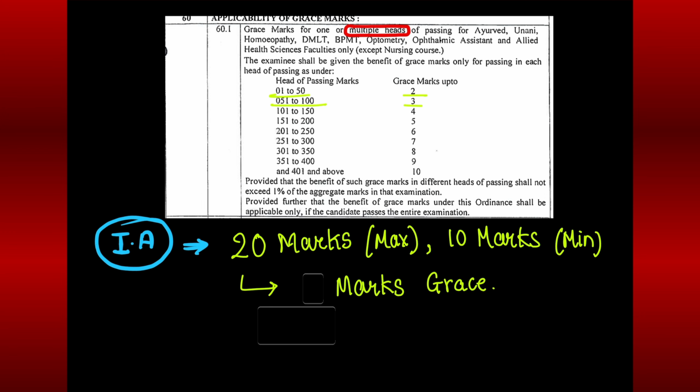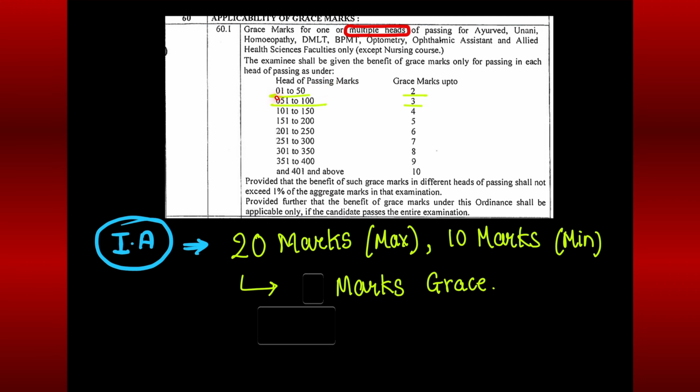So for IA, how many maximum marks do you have? Your IA is calculated for theory. Suppose anatomy theory, you have a maximum of 20 marks, and to pass the internal assessment you need 10 marks minimum. As you are seeing here on the screen, they are showing the heads of passing, the total marks of the subject, and the grace marks offered.